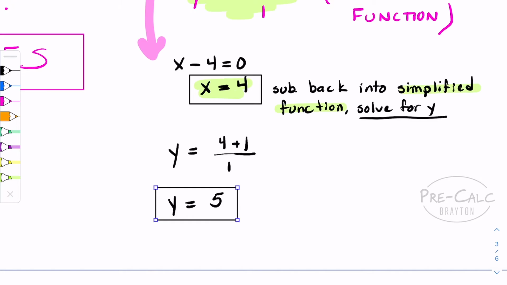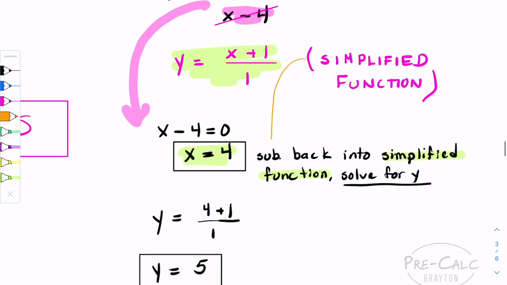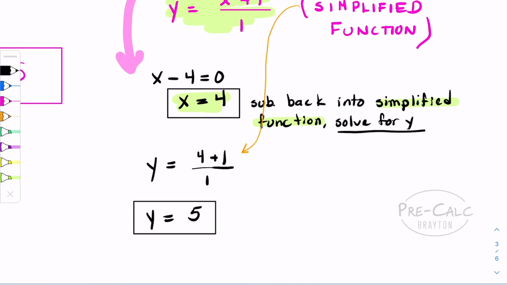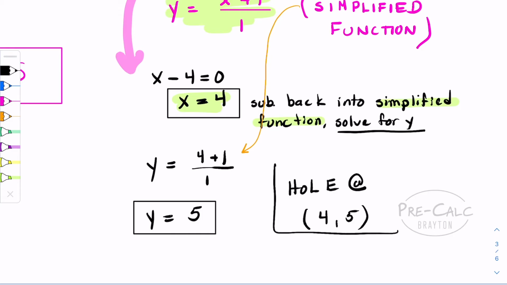Again, you're substituting in from the simplified function. Super important that you get that one. So once you get to this point, you know your x coordinate is 4, you know your y coordinate is 5. That tells you that you have a hole at x coordinate 4, y coordinate 5. Here's your answer.